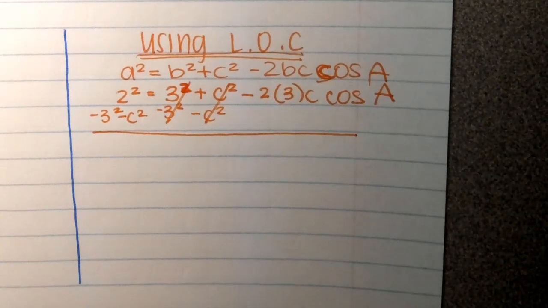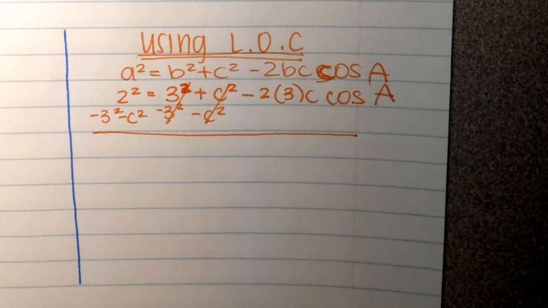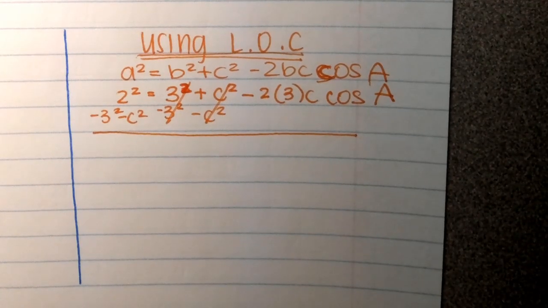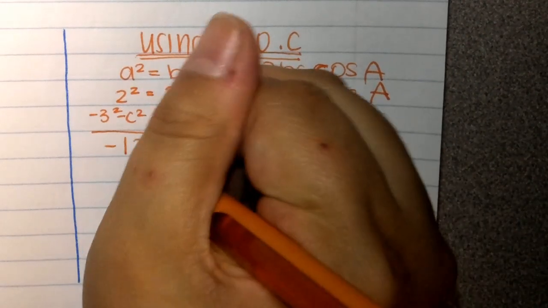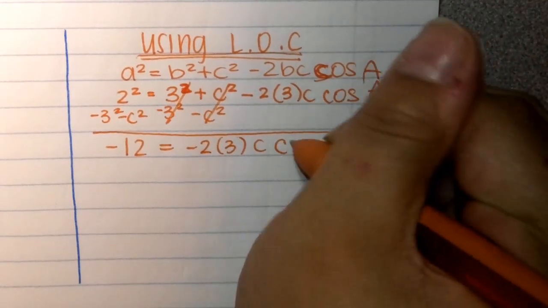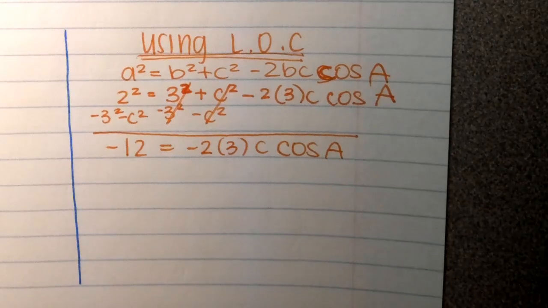So those cancel. And put in your calculator. What is 2 squared minus 3 squared minus C squared? Or you could do what is 4 minus 9. I mean, I know y'all know that. Minus C squared. I don't know what C squared is. What is that? It's negative 12. So this right here is negative 12 equals negative 2 times 3 times C cosine of A. What now?